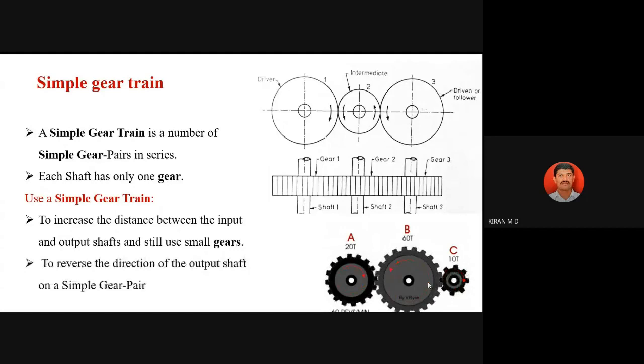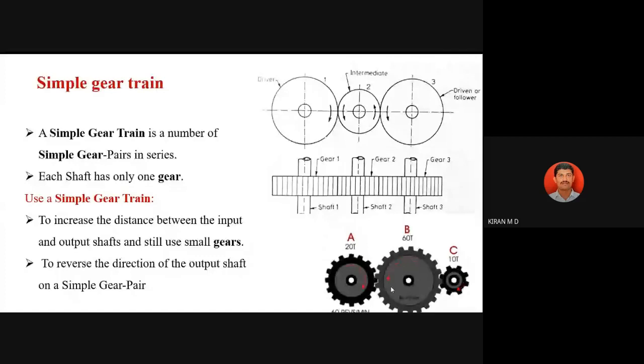The second use is to reverse the direction of the output shaft. For example, A is the input and C is the output. If this is rotating clockwise, it will drive the intermediate gear, which rotates counterclockwise.